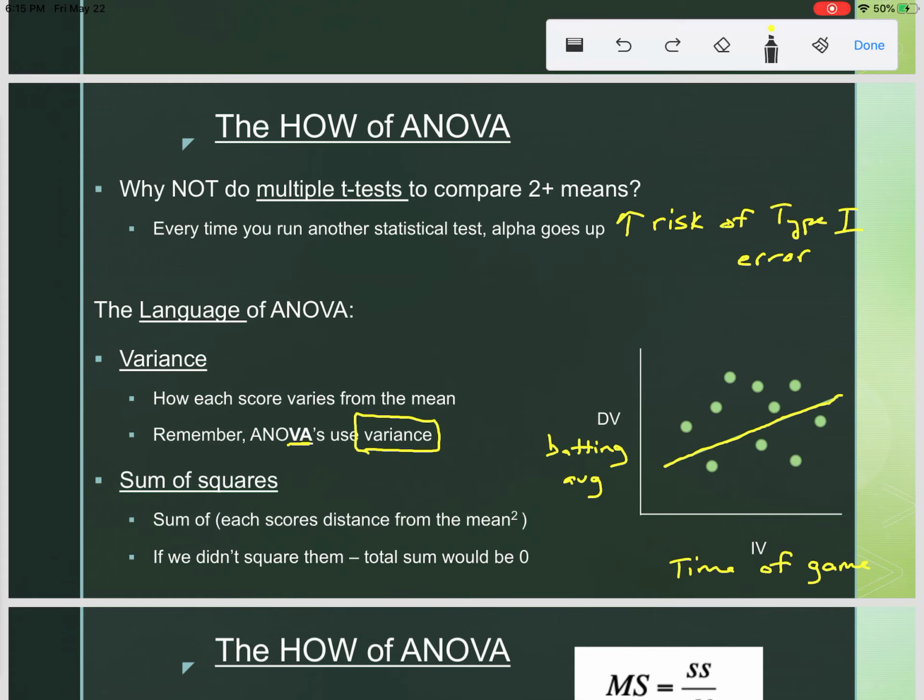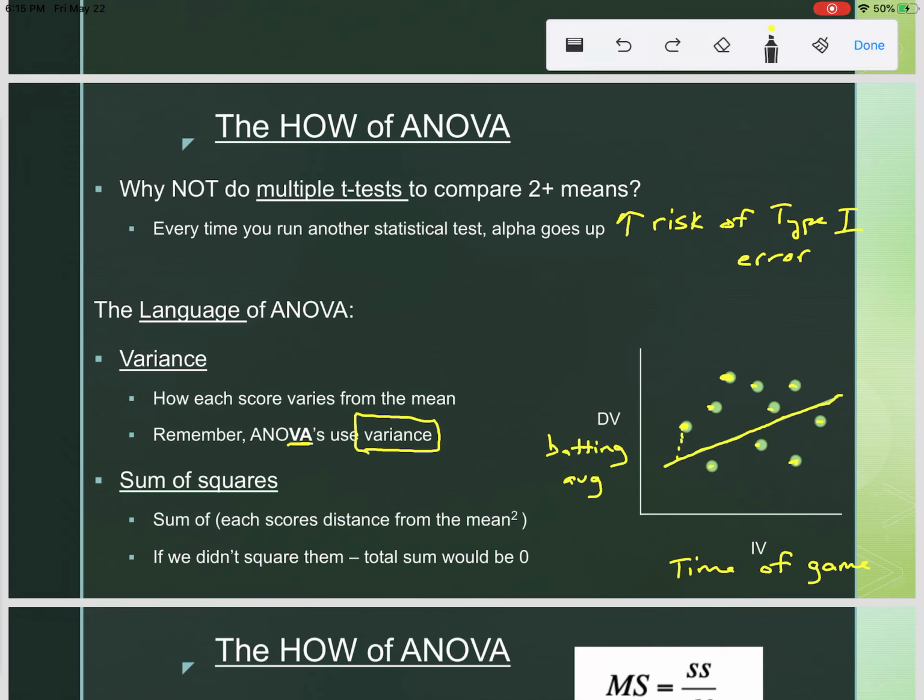Okay, variance would be how much each individual score, these dots, here we have baseball player A, B, C, D. If I really ran this, I would have 50 dots because I had 50 players. We're looking at how each individual score varies from the mean. This first dot varies this much from the mean.